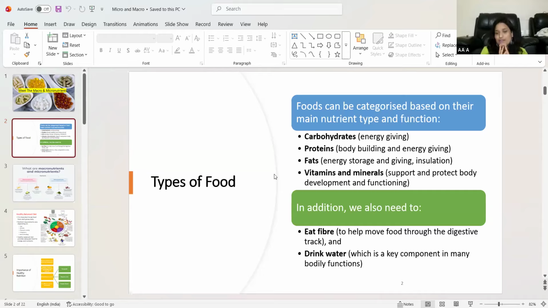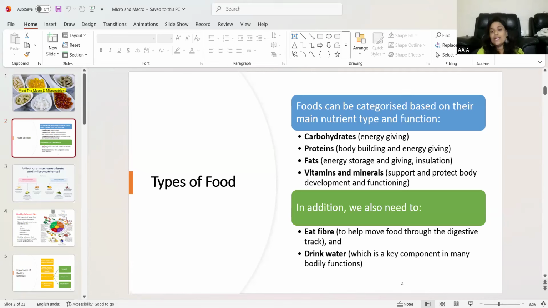That's why we can easily identify our age in our face, compared to our body. That's because of losing fat as we age. So how we can prevent that, and how we can prevent fat-related disorders, is also very important. That's why we require fats in a good amount, and it's considered a macronutrient.